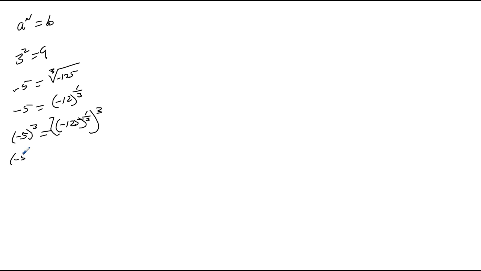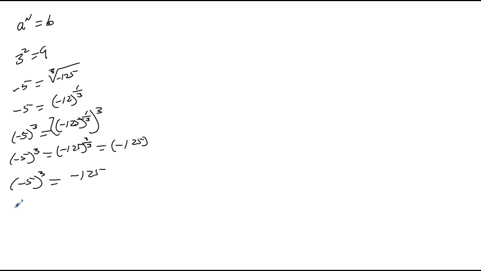So minus 5 cubed is equal to minus 125. 3 times 1/3 is 3 over 3, and that's equal to minus 125 raised to the power of 1. So therefore, minus 5 cubed is equal to minus 125.